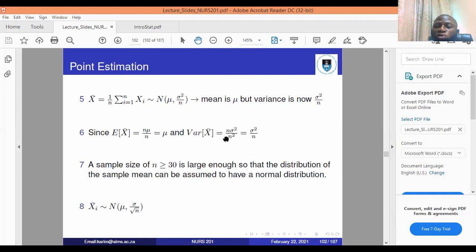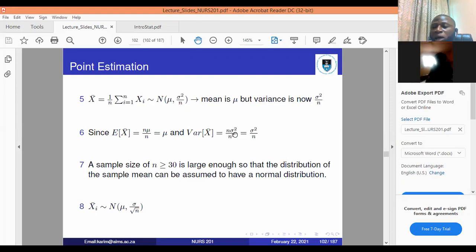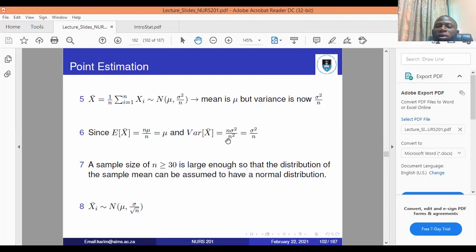So I'm just going to have n times the variance, sigma squared, divided by n squared. So the n squared will cancel this n here, leaving 1 over n. So you are going to have variance over n.